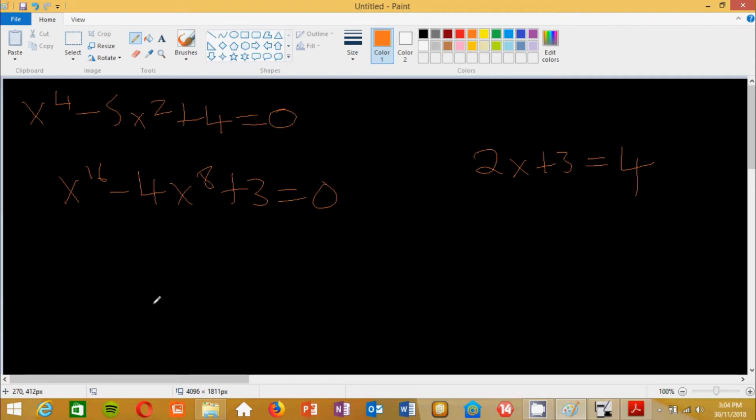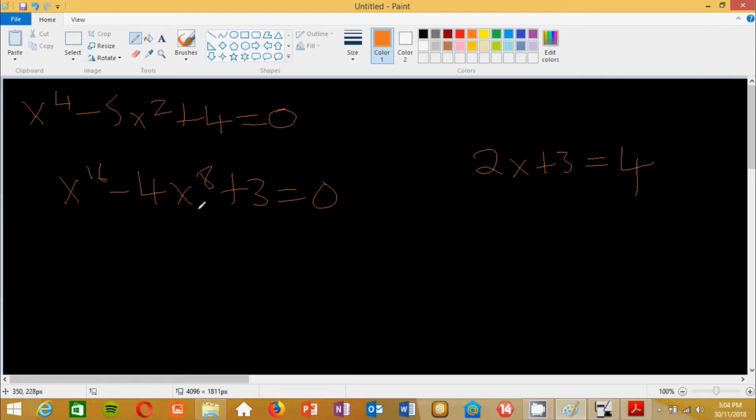There are only 2. Secondly, the highest power, 16 here, is double that of the lowest power, which is 8. If you take 8 and then you double that 8, you're going to get 16. So this is the disguised quadratic equation.